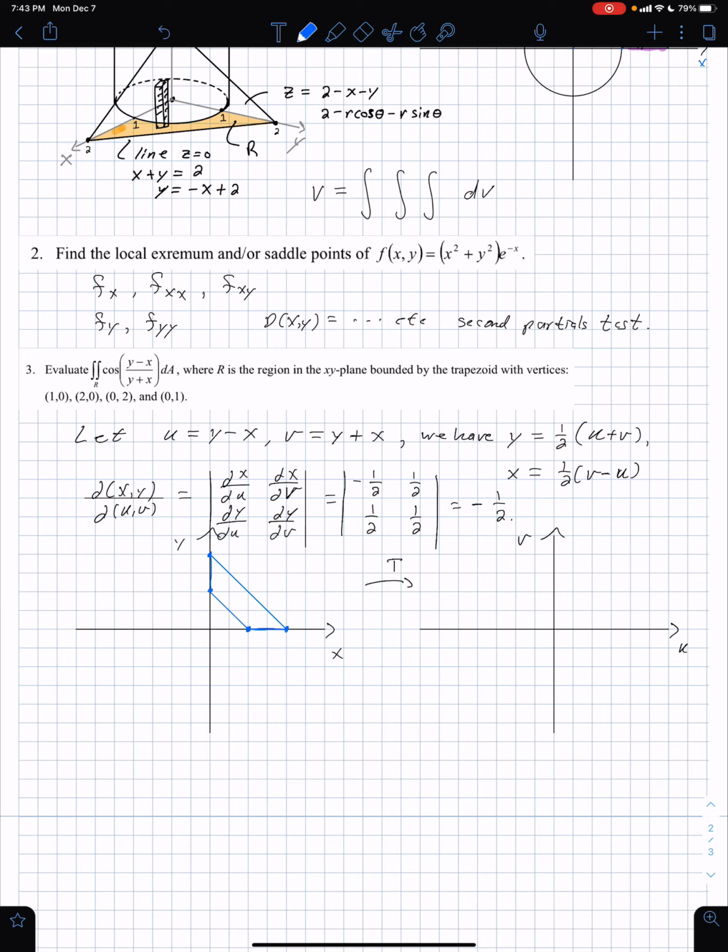So you need to transform that into the UV plane. So you want to figure out kind of what those lines are and how it transforms. So I'll sketch it, but I need you to write in what the lines are, what the equations are.